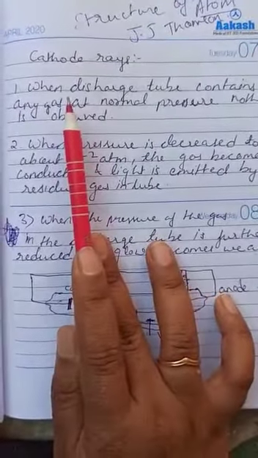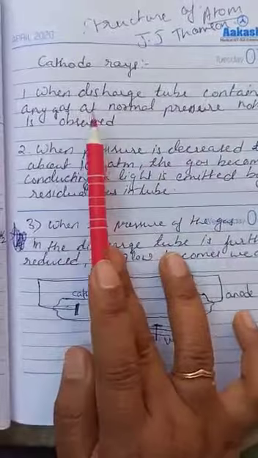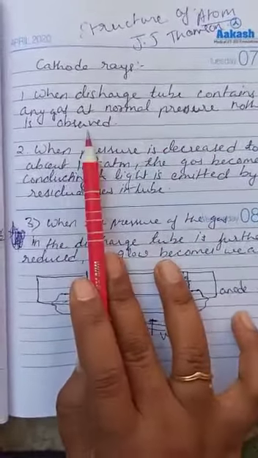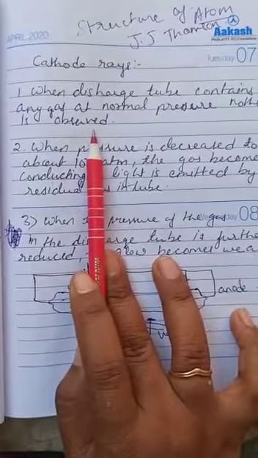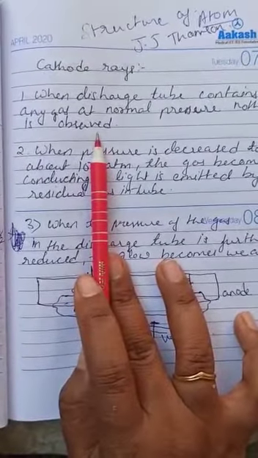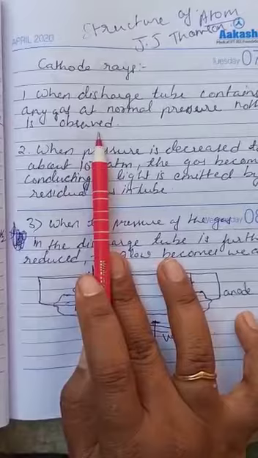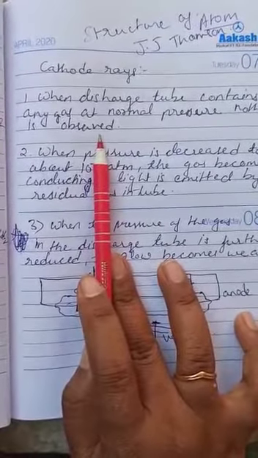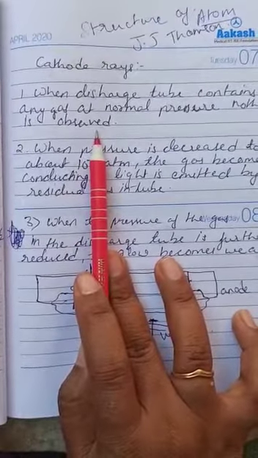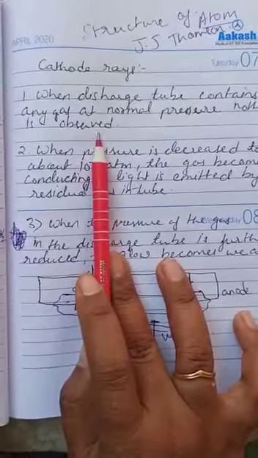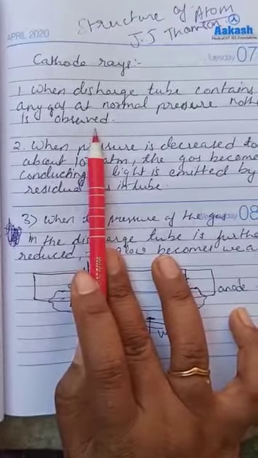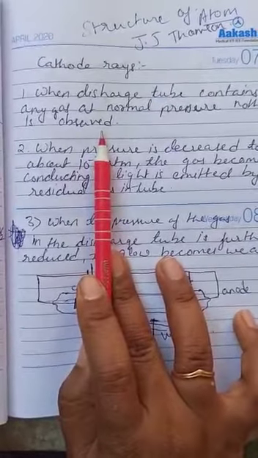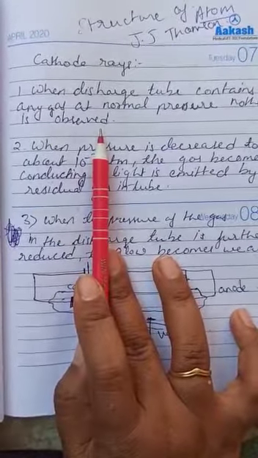First, when the discharge tube contains any gas at normal pressure, then nothing is observed. Even if the voltage was increased from 5000 to 10,000 volt, still nothing was observed in the discharge tube, meaning that those gases didn't show any kind of conduction.